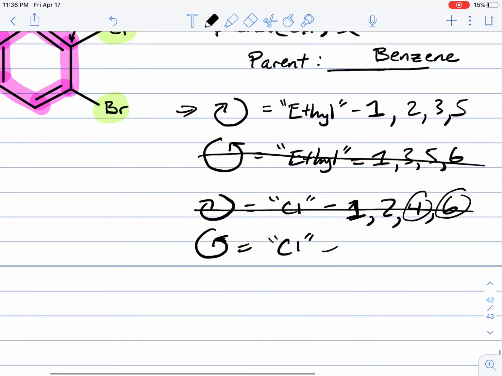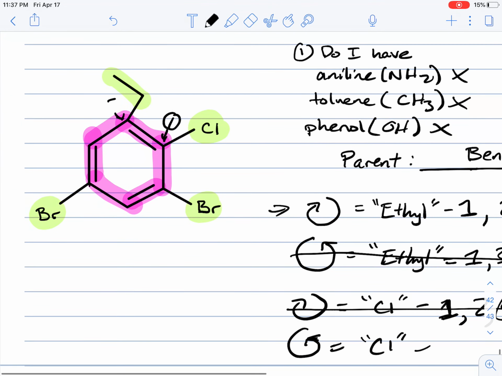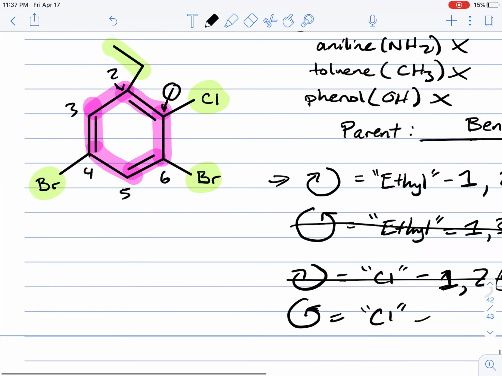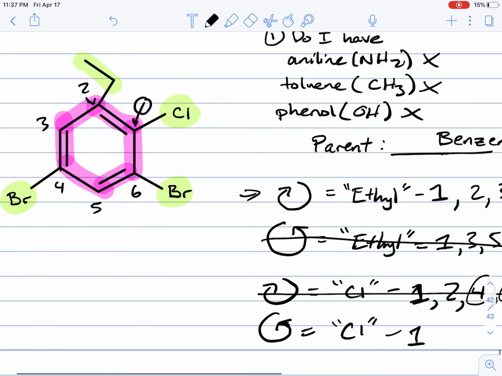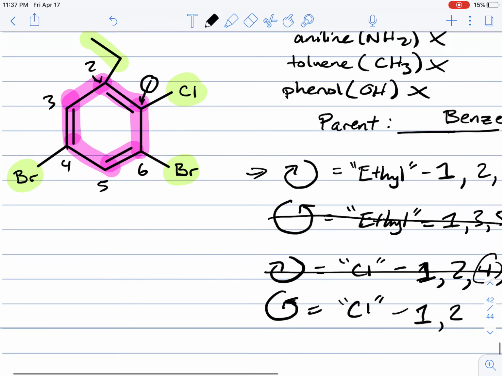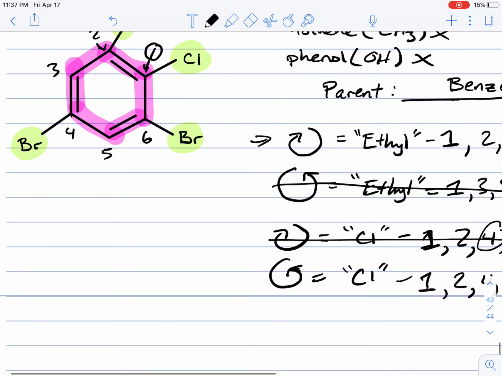So now I'm going to do it for when it's numbered counterclockwise. So this is going to be 1, 2, 3, 4, 5, and 6. And so if chlorine is number 1, then ethyl is going to be number 2, bromine is 4, and the other bromine is 6.